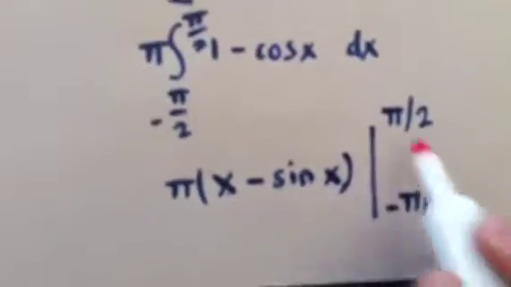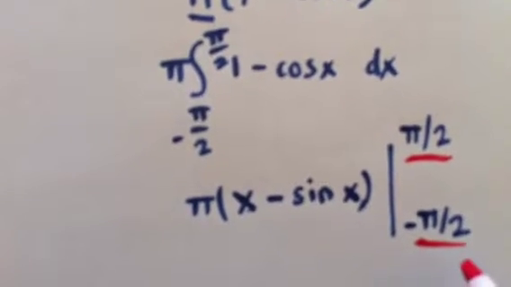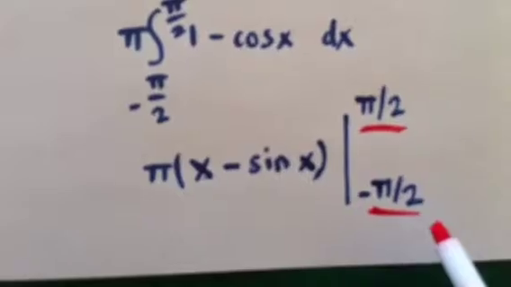So if you come over here where I have more space, we're going to evaluate it at pi over 2 first, and then subtract this away. So we're really going to add that to it. Okay.